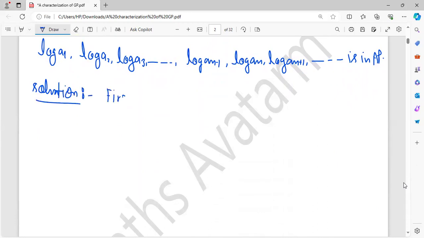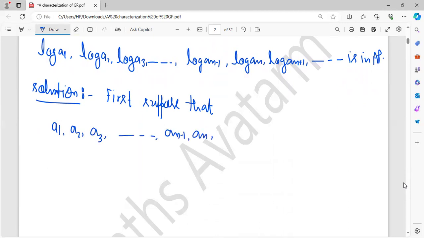First, suppose that a1, a2, a3 up to an minus 1, an plus 1 is in GP.